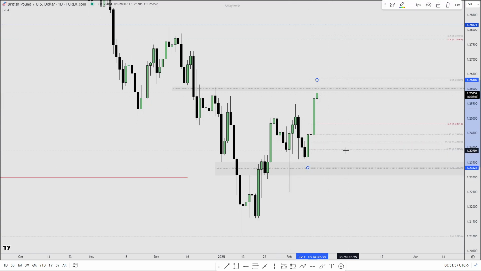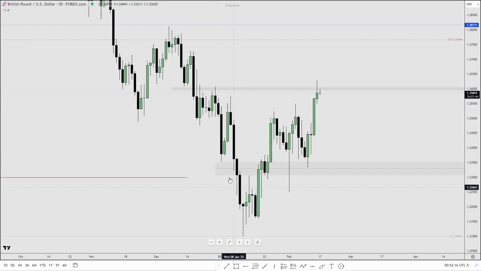Right now, has price offered OTE? Not yet. Right? Does it need to offer OTE at this point in time? Not really. Why? Because we are above premium from this high to this low. Notice how we have this last leg lower, continuous bearish order flow.